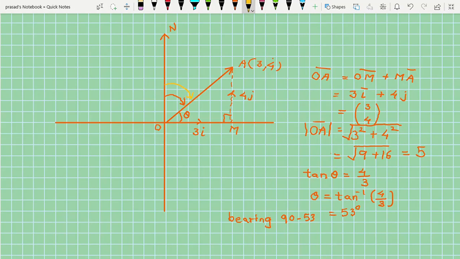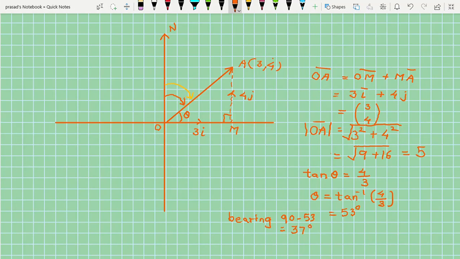So that will be 90 minus 53, which is 37 degrees. So this vector is on a bearing of 37 degrees.